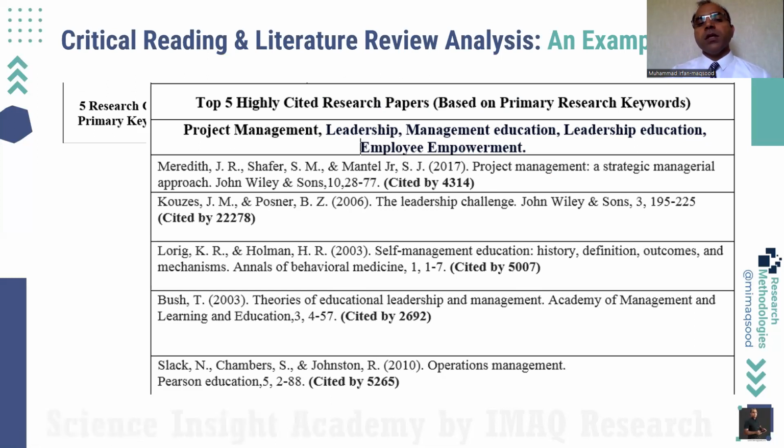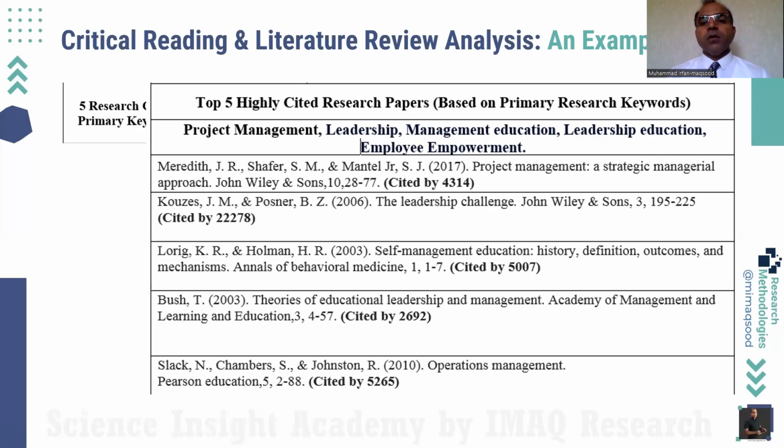You have to list all your top 10, top 20, and then top 30 highly cited research papers, even from different years. After that, you can analyze these to understand the current trends in the knowledge and the current followers of the specific knowledge.